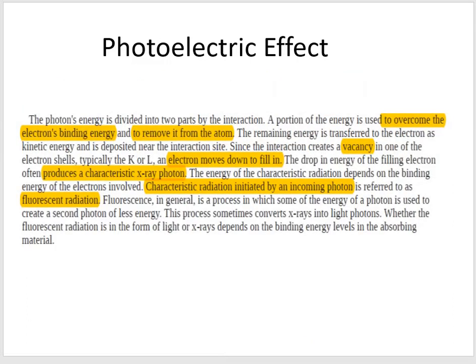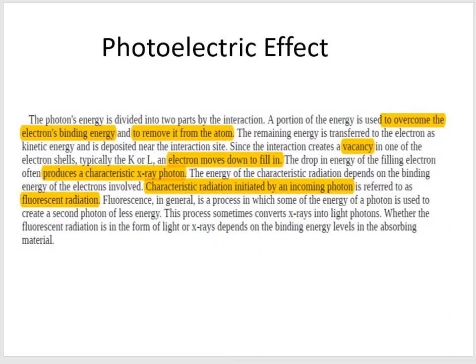The incoming photon disappears in photoelectric interaction. After the interaction, there will be a vacancy left by the electron that has been ejected. This vacancy will be filled by another electron from an outer shell or higher shell, and the difference between these two shells will produce fluorescent X-ray, or characteristic X-ray.